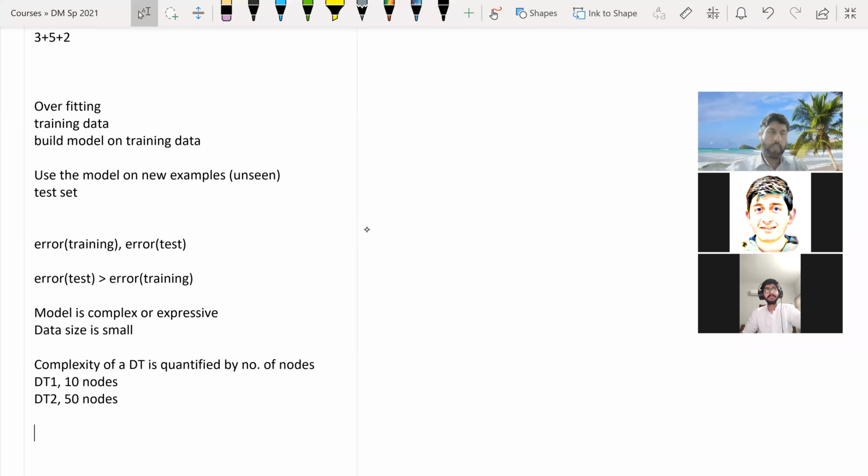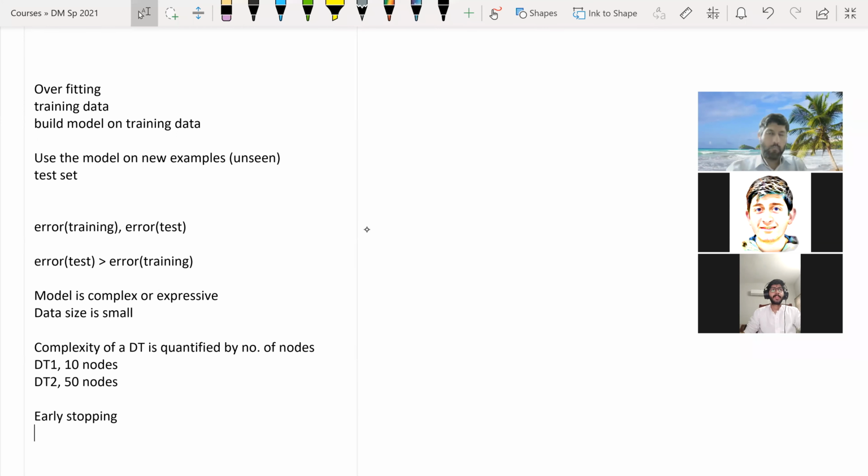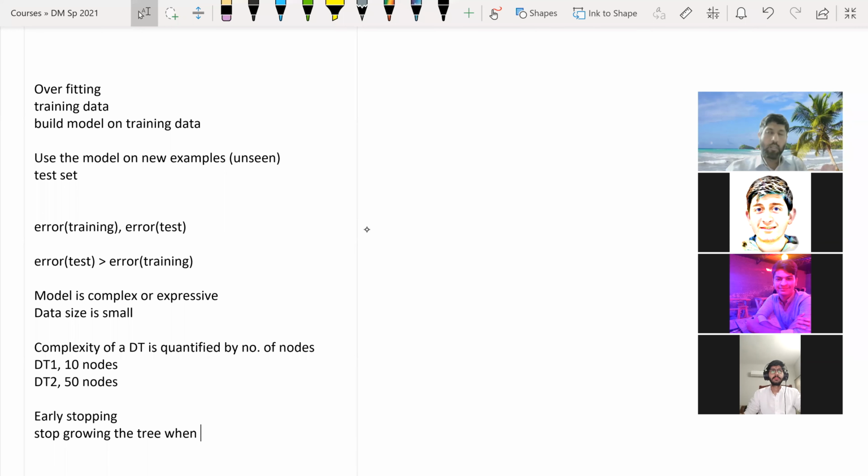So how do we handle overfitting in decision tree learning? Again, there are a number of techniques. We will quickly discuss two. One is called early stopping. What this means is you stop growing the tree when, as we discussed earlier, the entropy at the leaf becomes less than some threshold.